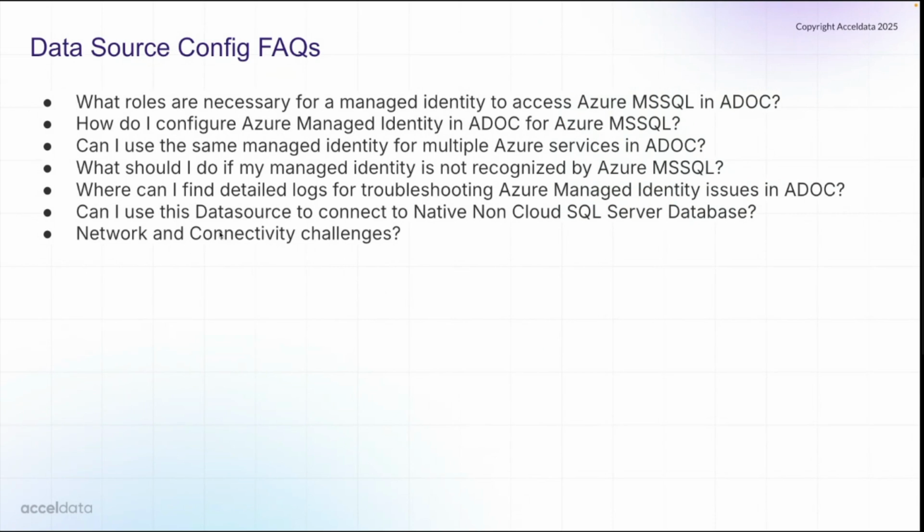And what are the network and connectivity challenges that we usually encounter? In this particular approach, the connectivity from the ADOC UI uses the data plane. So from the network side, we will have to make sure that the Kubernetes servers where the data plane is configured have access to the host and port of the SQL Server database, be it running on cloud or on prem.